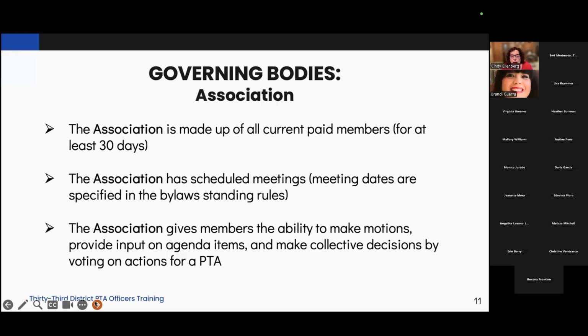This is only allocated to members of the association, those who have submitted their membership dues and for at least 30 days. It is recommended that there are at least 4 association meetings each year. August, September, at the start of the school year to approve your budget and programs. Then again in November, December, January timeframe to elect your nominating committee for the next year.